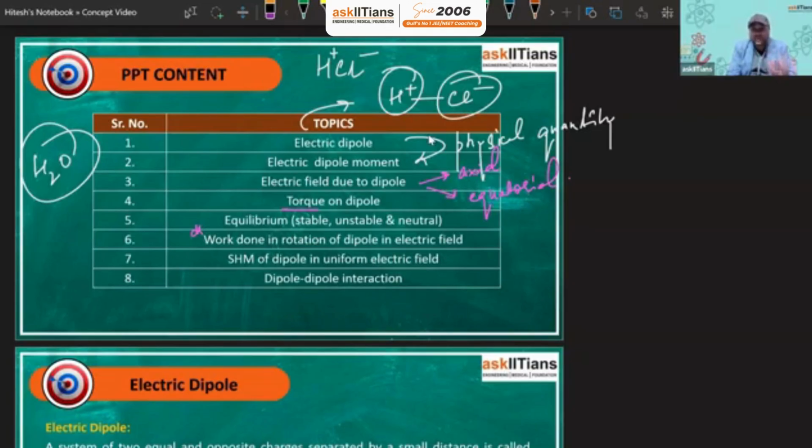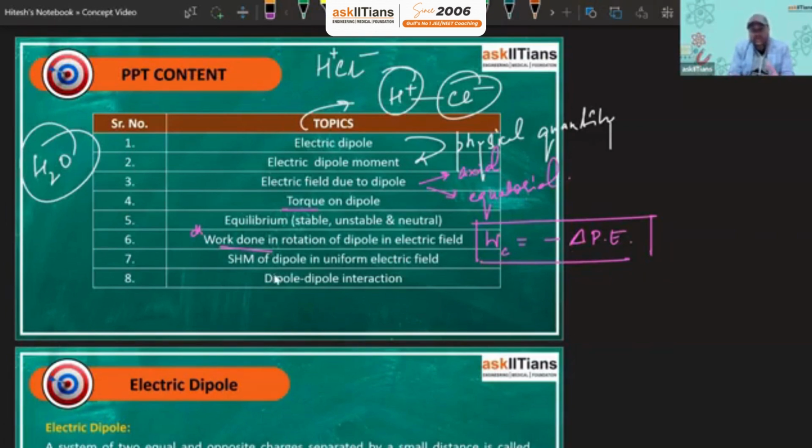Here some concepts of work and energy will be applied: work done by a conservative force is equal to the negative of the change in potential energy. This equation comes from work, energy and power in our 11th grade.